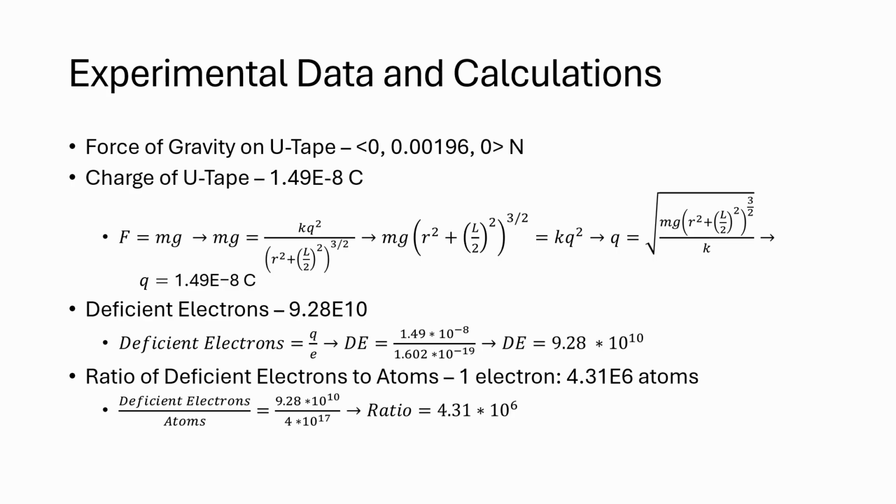So you end up getting this big equation, which you acquire by taking the integral of a small amount of dq over a small amount of length, dl, multiplying that by the linear density to get the q at a certain location. It is deficient 9.28 times 10 to the 10 electrons, and the ratio is 1 electron for every 4.31 times 10 to the 6 atoms.